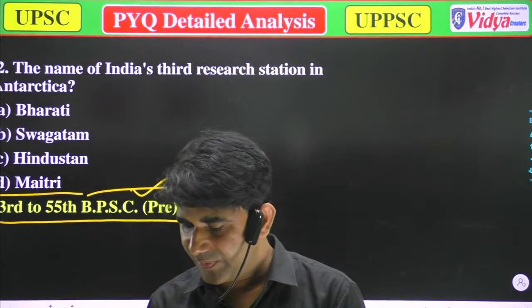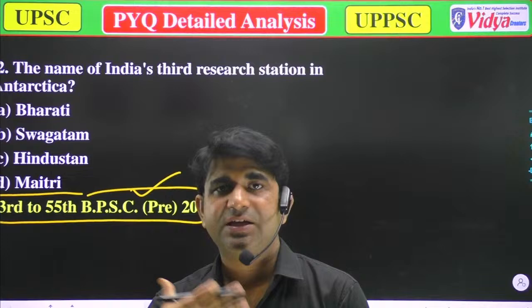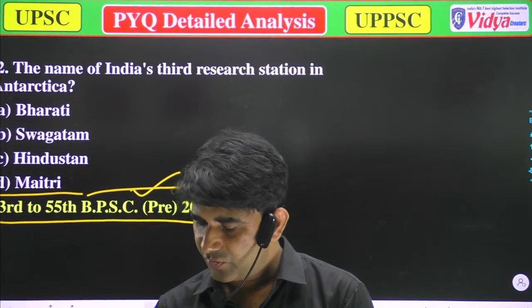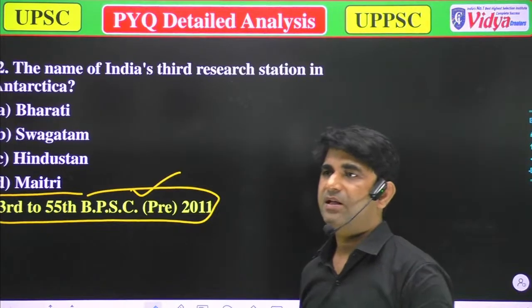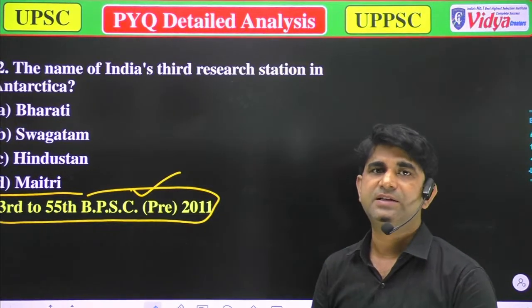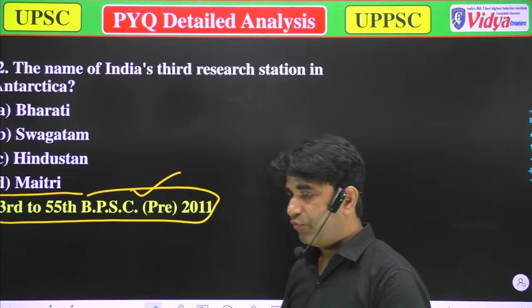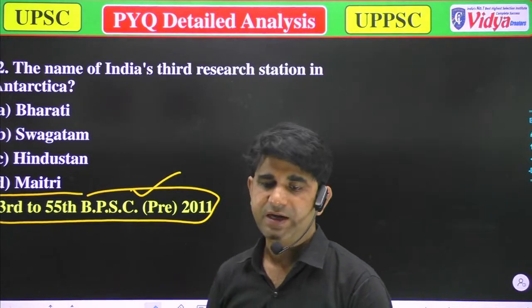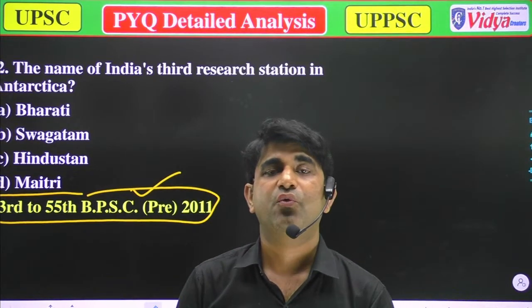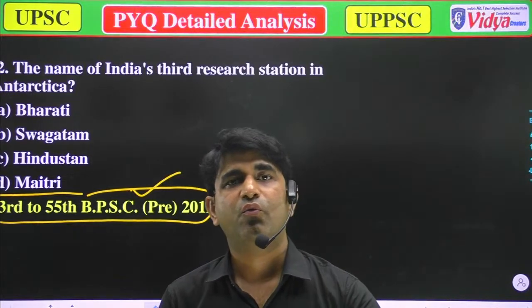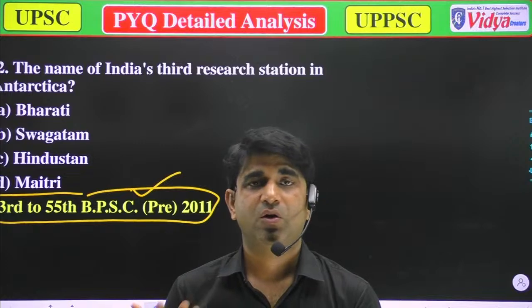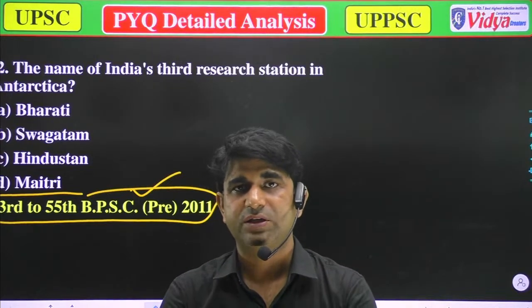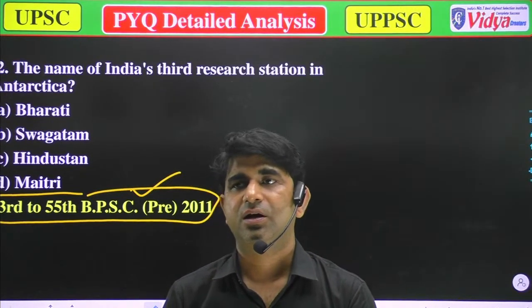So it is my humble request to all of you to please try to attempt these questions and work out the correct option. As I told you, in the Arctic region various developing and developed countries have research stations where they do research, mainly on the animals and plants of those areas.